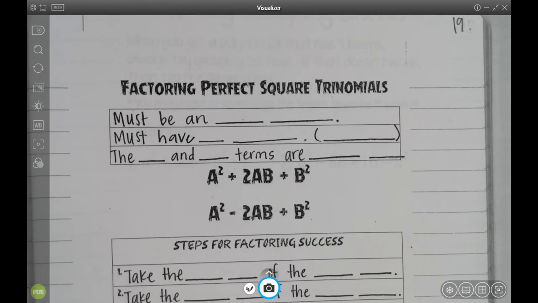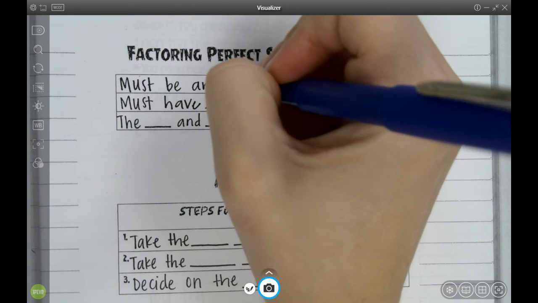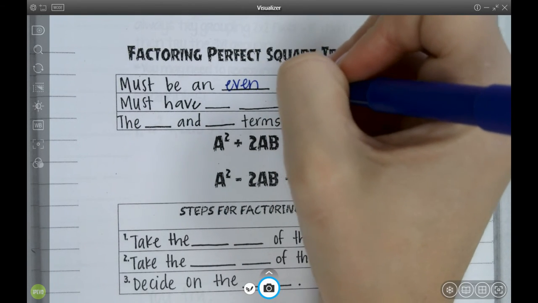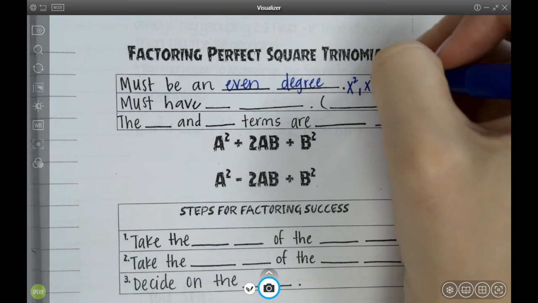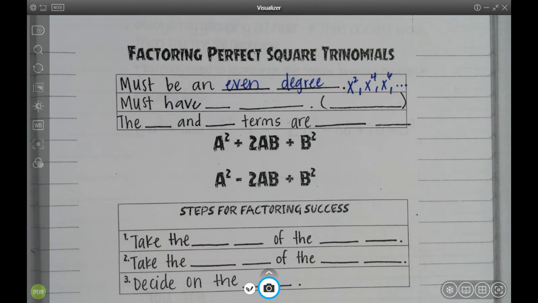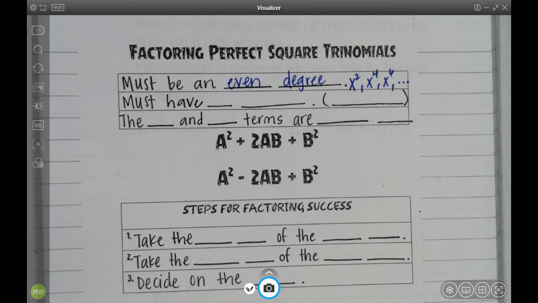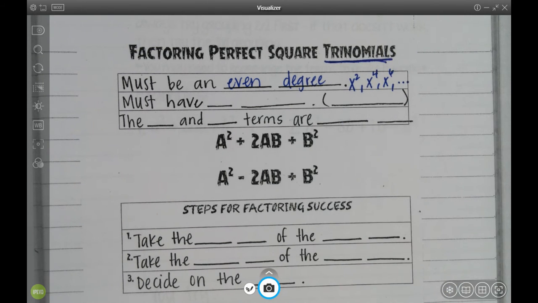Okay, so perfect square trinomials must be an even degree. So just like our difference of two squares, it's going to be an x squared, x to the fourth, x to the sixth, etc. An even degree. What does this word mean? 3 terms.